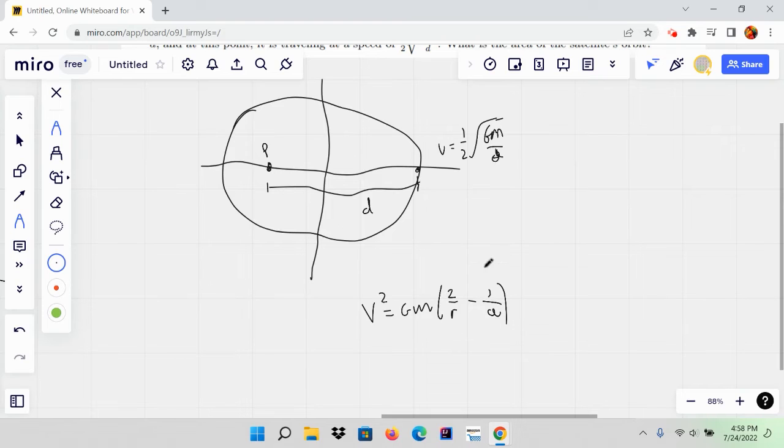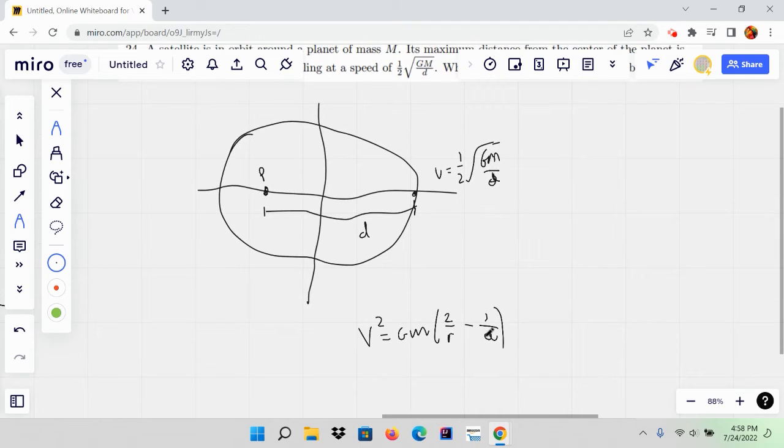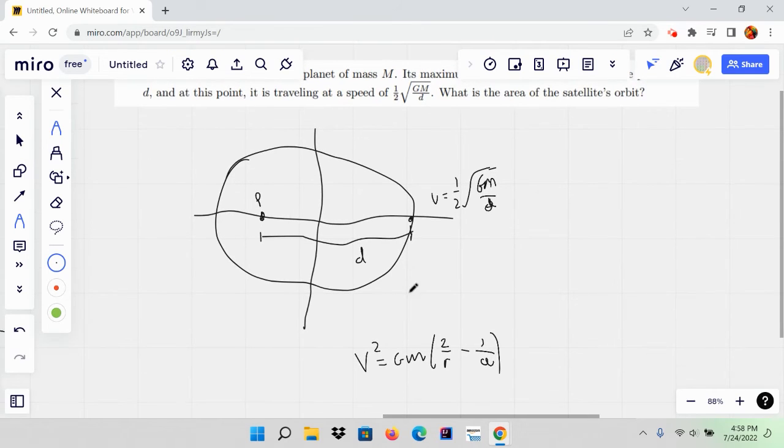All you have to do is plug in your value for v and your distance from the planet, and you can find your semi-major axis. Once you find that, you're pretty much done, because after that, it's just properties of ellipses. The vis-viva equation is pretty useful in this case, and in a lot of problems where you want to find the velocity at a certain point.